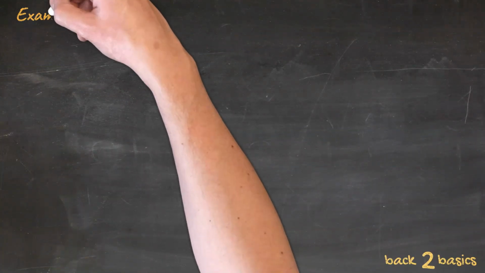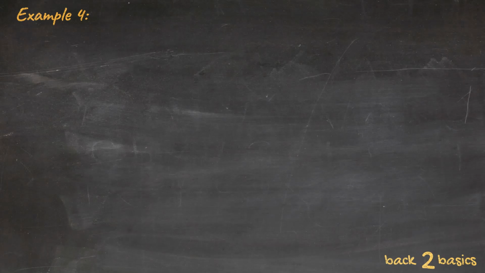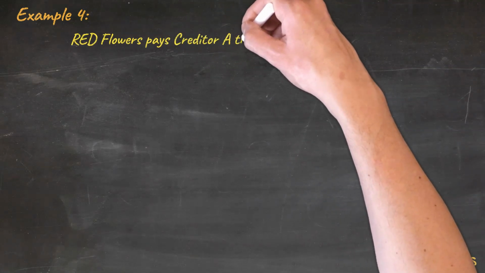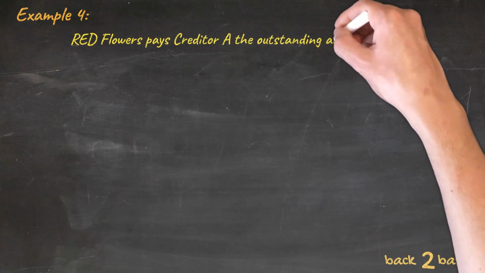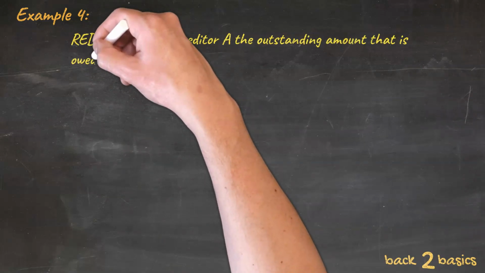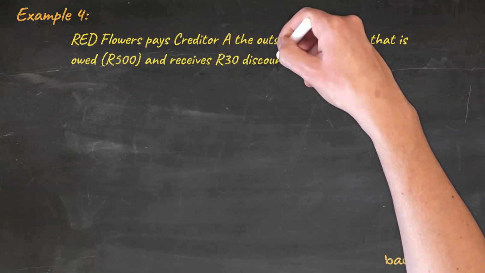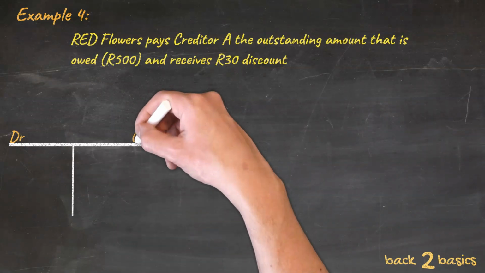I would like to do one more example of a transaction where multiple accounts are affected. Let's consider this. Red Flowers pays a creditor 500 Rand, the outstanding amount that is owed, and receives 30 Rand discount.